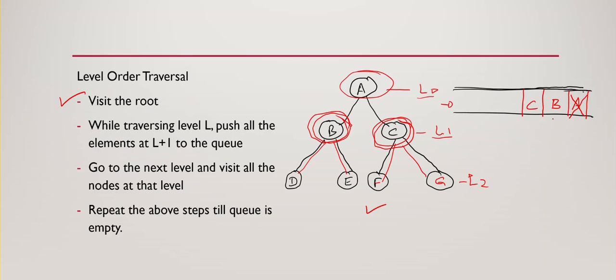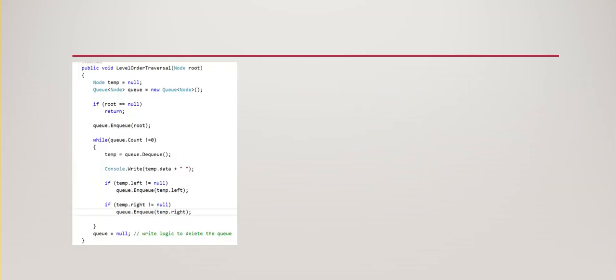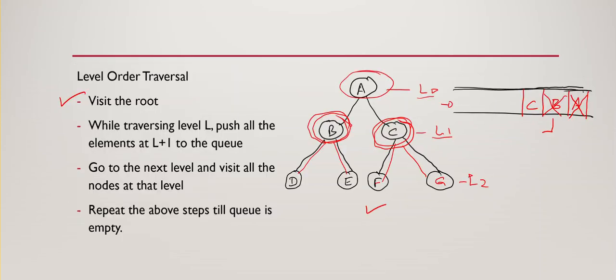Now we will dequeue B, that means we will remove B, and we will add the child nodes of B to the queue. So first we will add D to the queue, that is this particular node, and then we will add E to the queue.